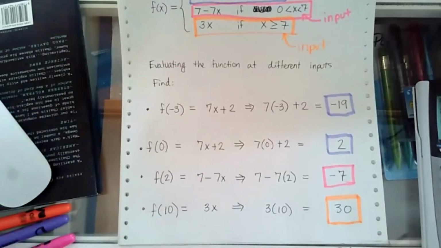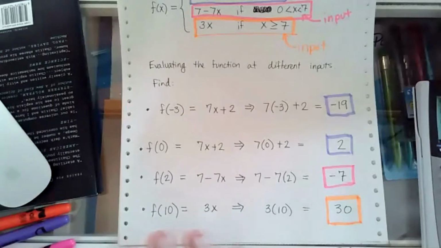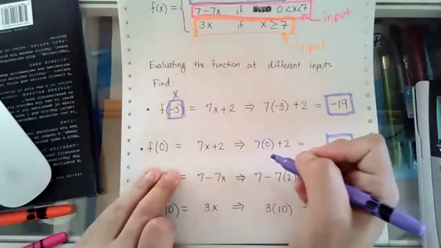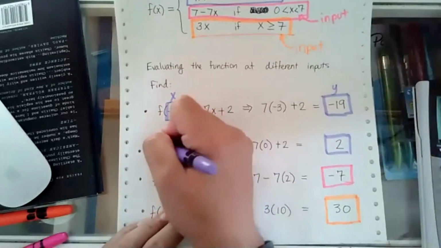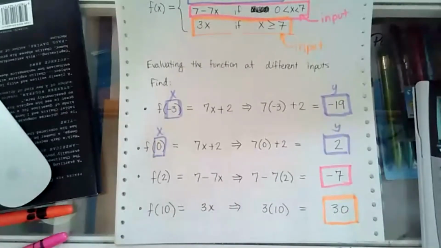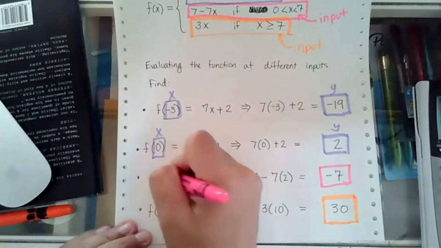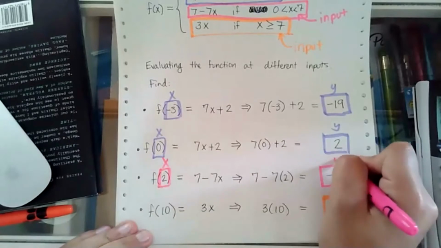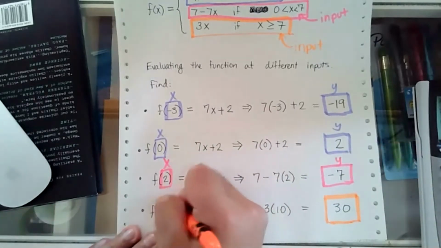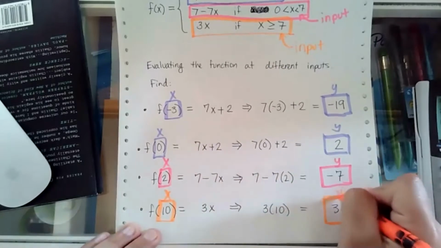And in reality, we have a set of x values. Here is an x value that's tied to a y value. We have another x value here that's tied to a y value, and another here, and another here.